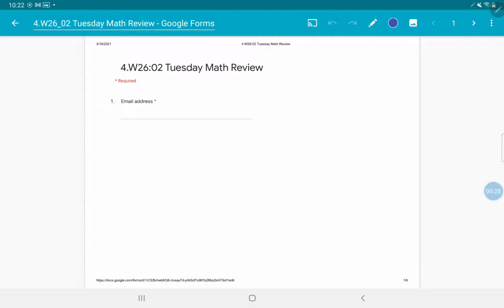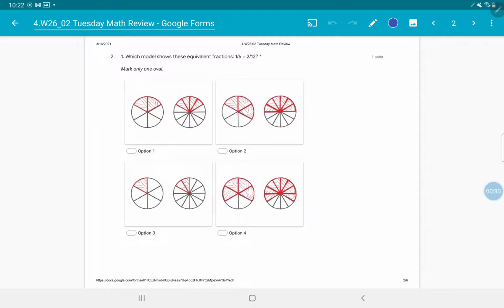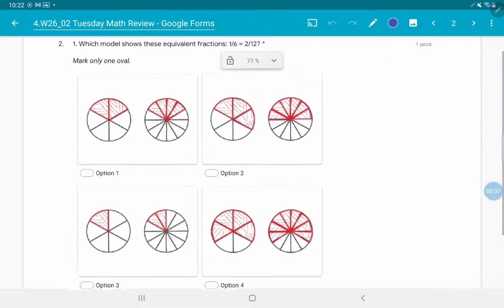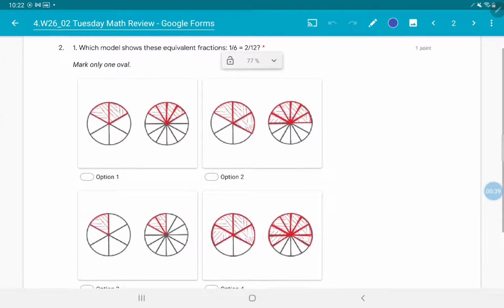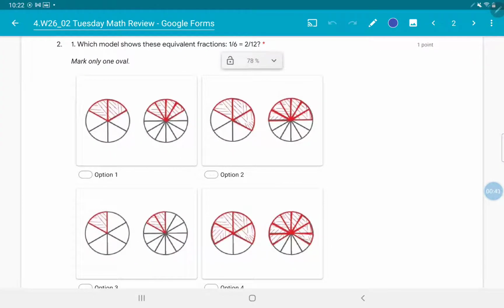Okay. The first question that you had today on your daily math was to find the model that showed the equivalent fractions 1/6 and 2/12. What does equivalent mean, Olivia? Equal to. They're equal. So for two fractions to be equal, can my whole that I'm comparing be different sizes?